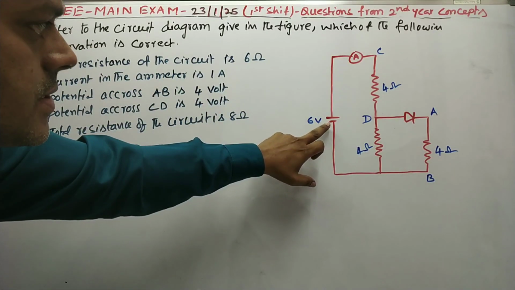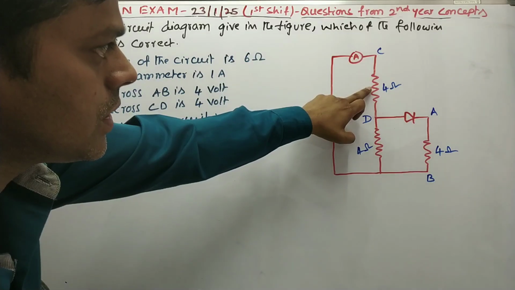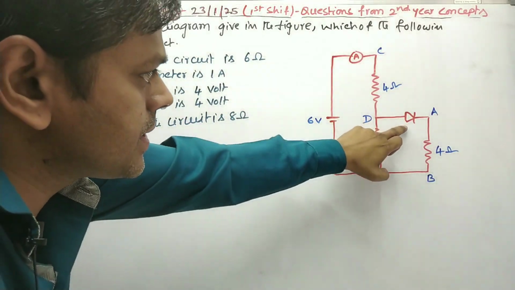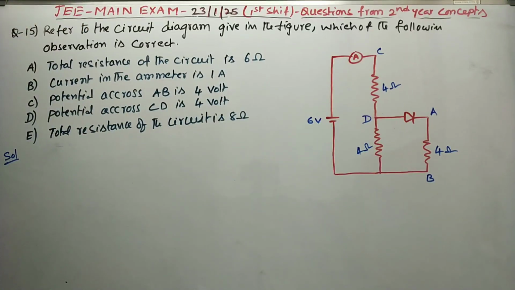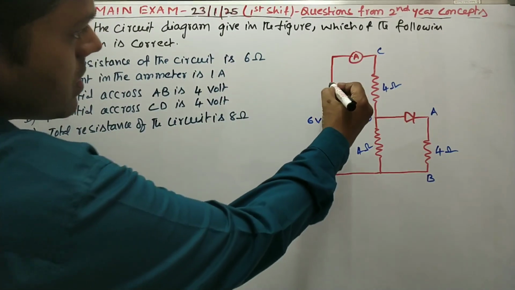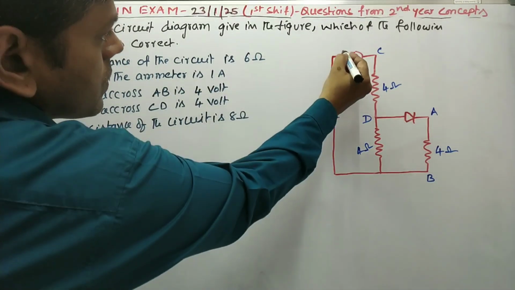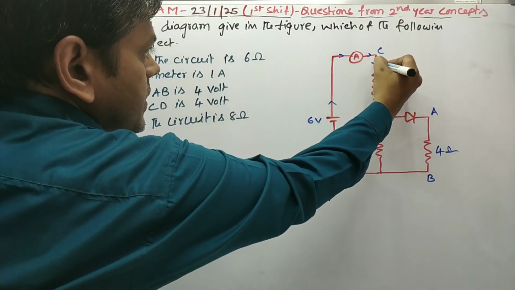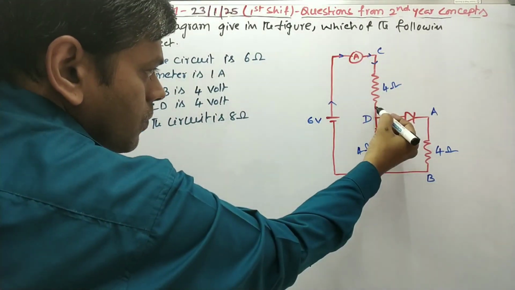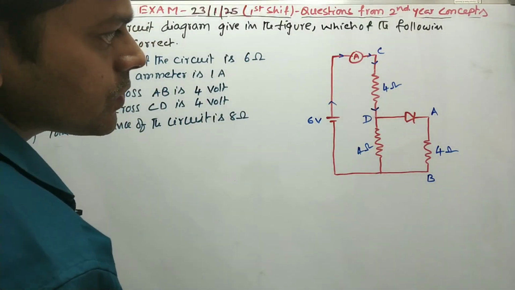Seeing this diagram, this is a battery of 6 volt which is connected to a 4 ohm resistor. At junction D, there is a diode. Across this diode, there are 2 resistors connected in parallel. Current always starts from high potential, the positive end of this battery. The same current flows through the 4 ohm resistor, and at junction D there are 2 different ways.